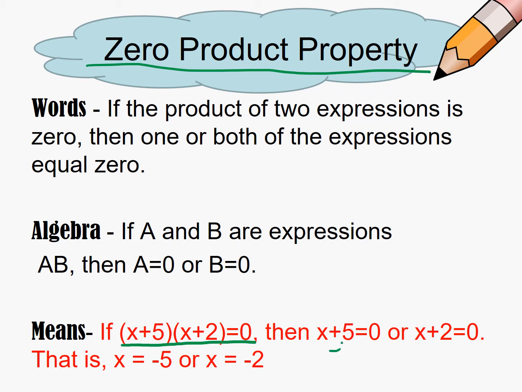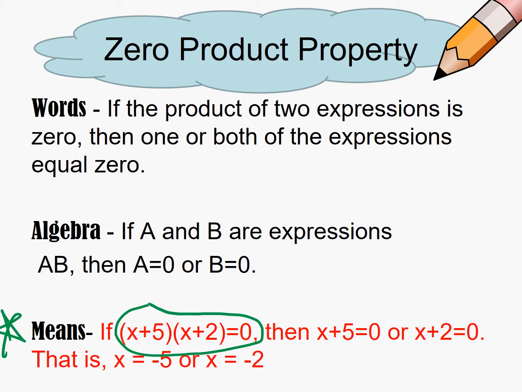And then if we solve for x, or get x alone, we get x is equal to negative 5 and x is equal to negative 2. So the meaning of the zero product property is going to help us with factoring because we're going to be solving things like that.